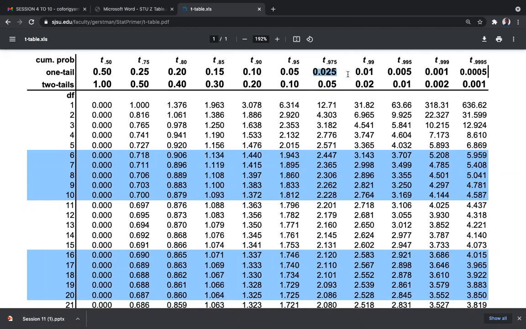So if the T table that you download has two values of alpha, like the way this is structured, then if it is two-tailed alpha, for the purpose of this question, we are choosing this 0.05. But mostly if you have a T table that has only one value of alpha, it is mostly determined by the one-tailed alpha. So instead of choosing 0.05, you choose 0.025.